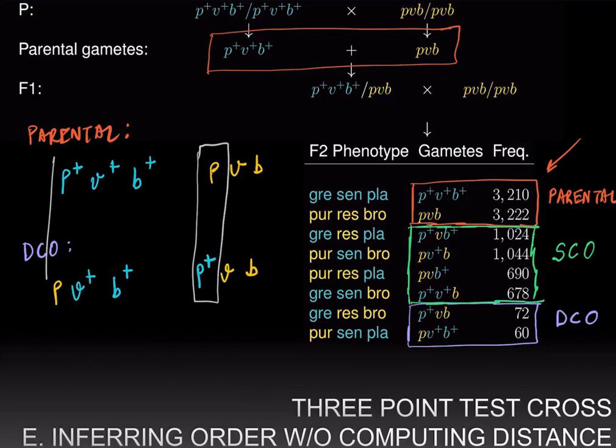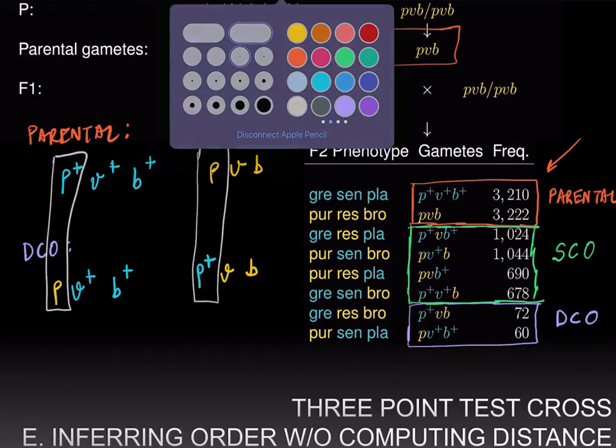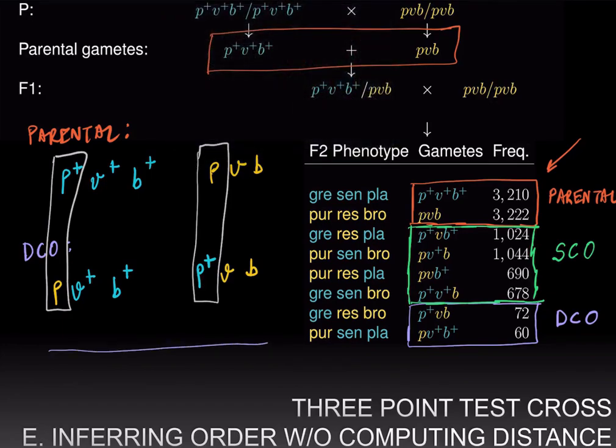And it's clear that there's only one gene that is switching alleles between the parental and the double crossover genotypes, and that's P, the gene in the middle, because only the gene in the middle changes alleles and creates a recombinant genotype in a double crossover event. And therefore, we can make a map without having computed any distances: V and B must be on the outside and P must be on the inside.